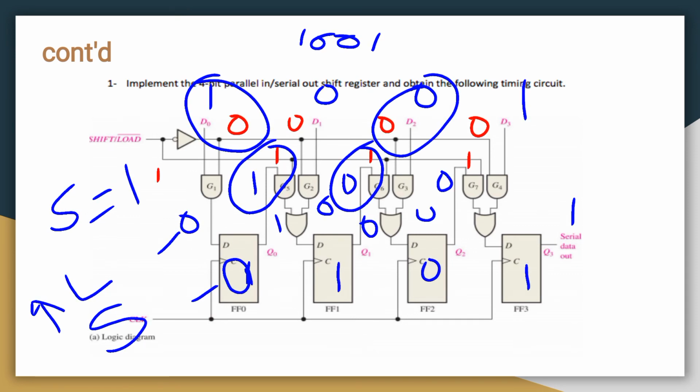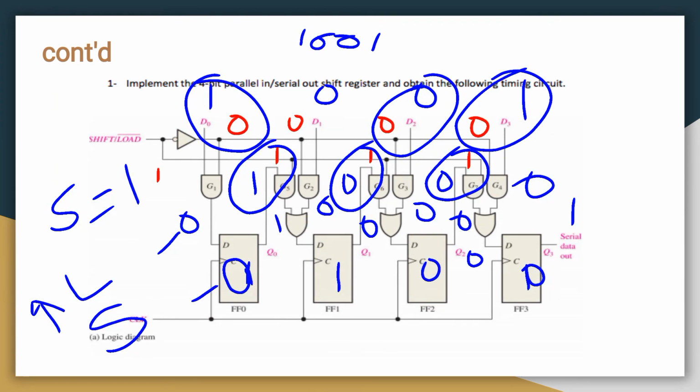Here it is 0, 1, the output is 0. For G4, 0, 1, the output is 0. Both inputs are 0, so OR is 0, here it is 0. So by this we will get the first bit as a serial one, so that is this one.